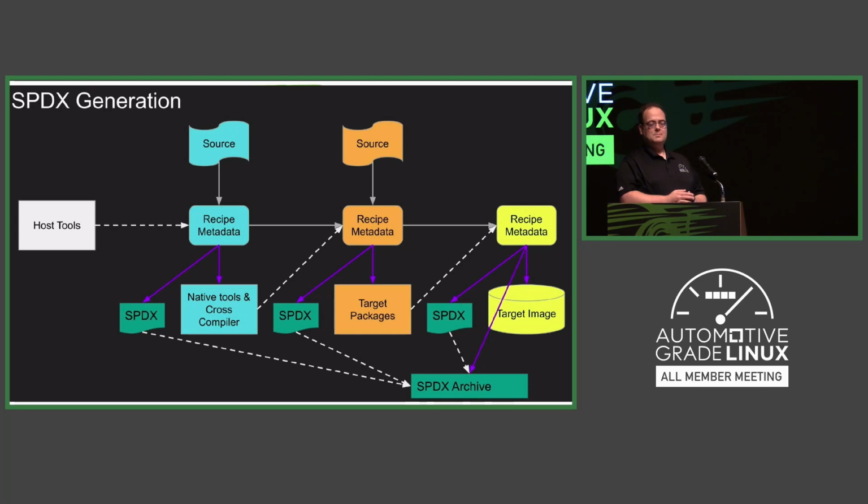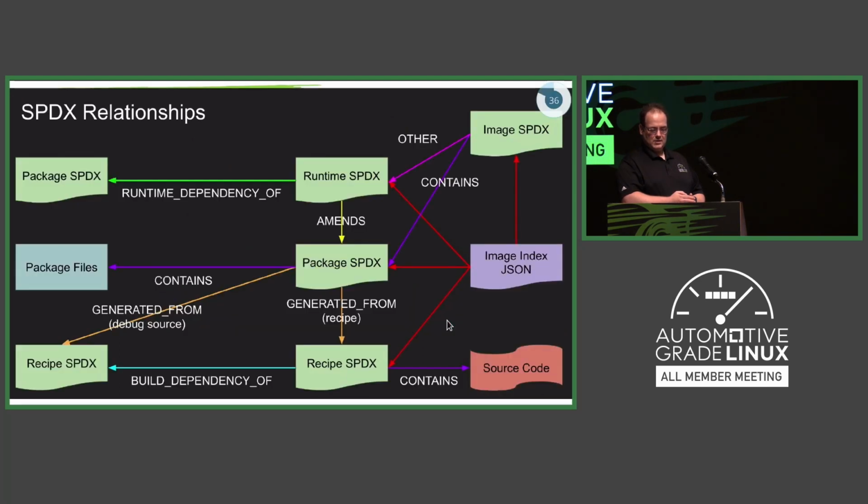The new SPDX version will have additional, I think it's called profiles, or different types of SPDX. And so BitBake and Yocto are well suited to write out that SPDX metadata and record it.